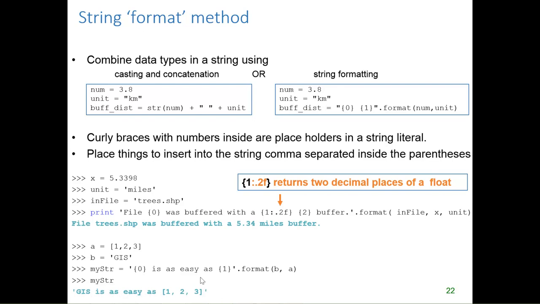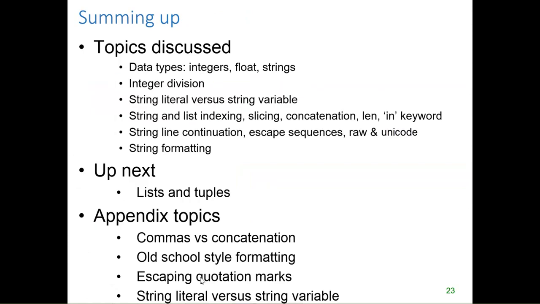So use string formatting to form print statements or to form string variables that you need to compose using variable values. That wraps up our discussion of numbers and strings for this lecture. We talked about integer, float, and string data types, and a little bit about complex and long numbers as well.